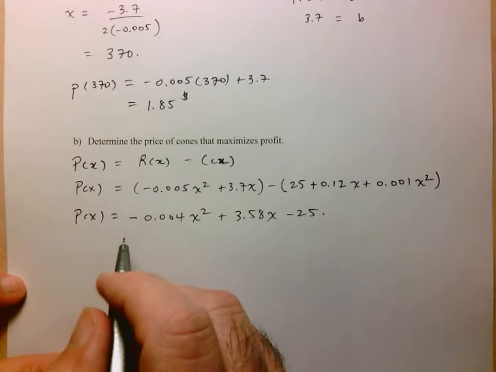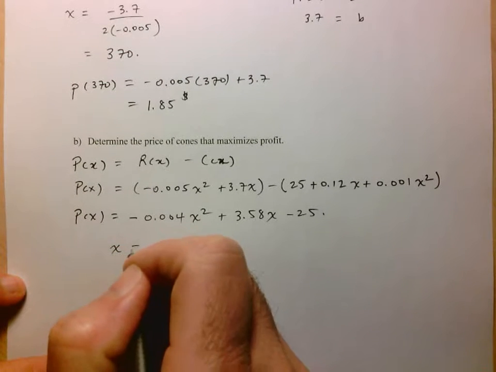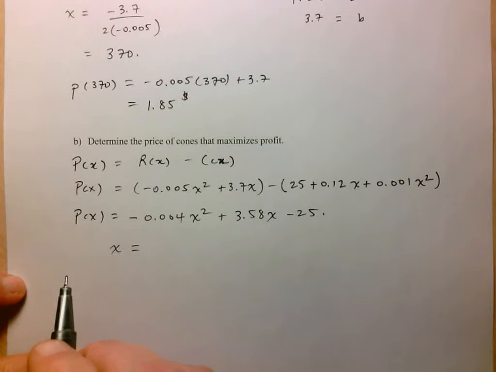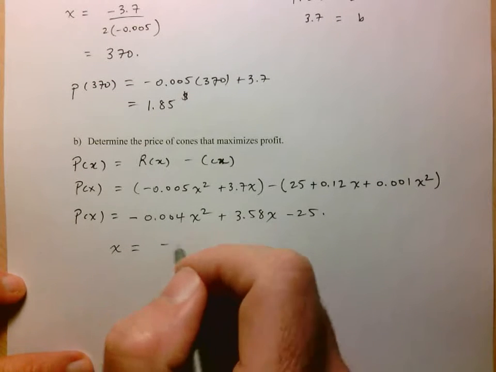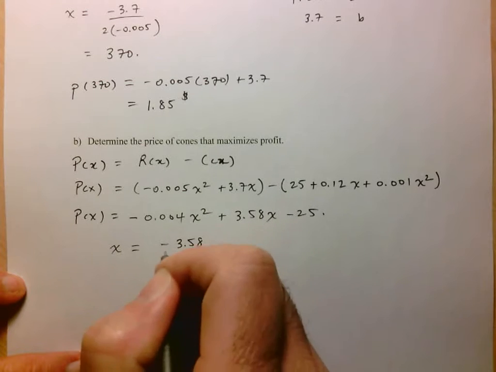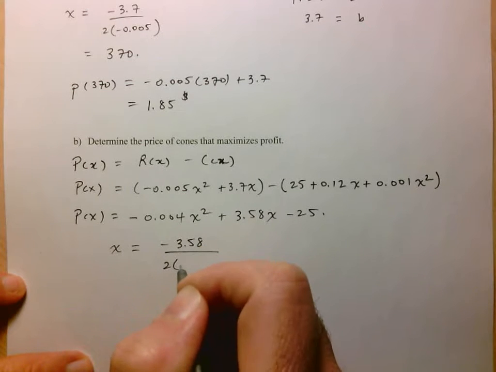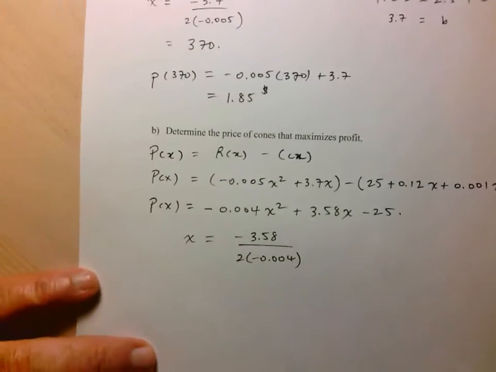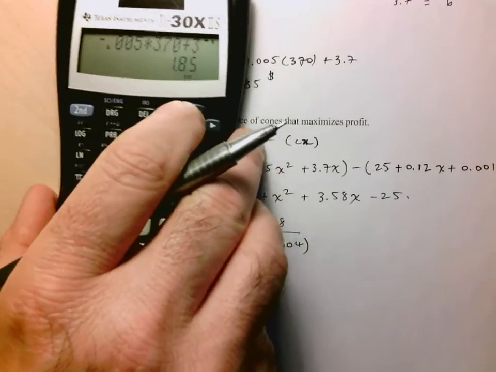So again, I'll use my trick for determining the location of the maximum, since the leading coefficient is negative. It's negative b, so negative 3.58 divided by 2a, so 2 times negative 0.004. Let's see what that gives us.